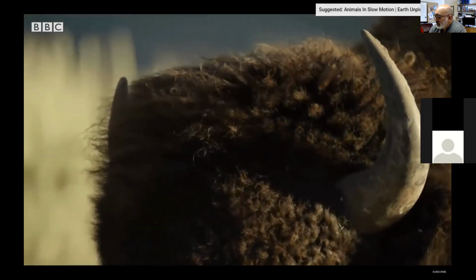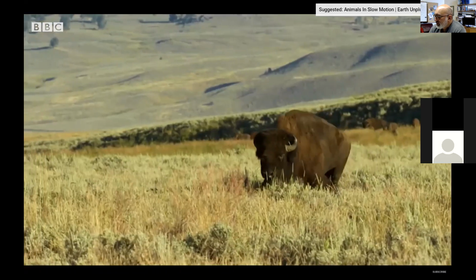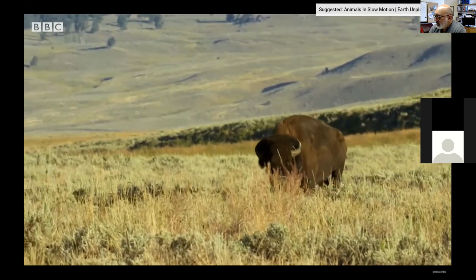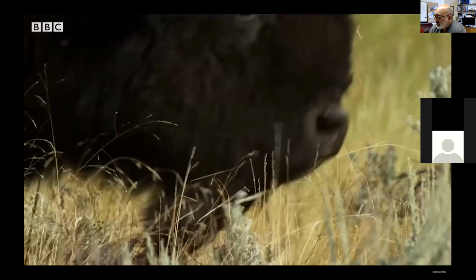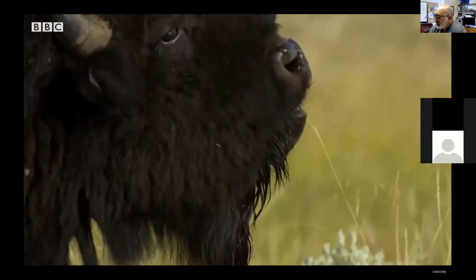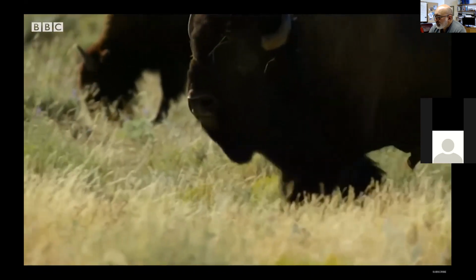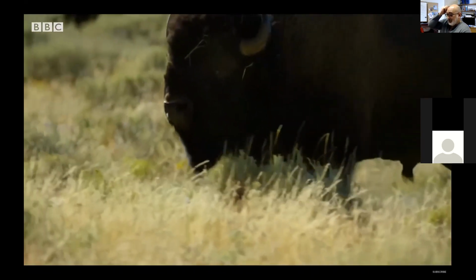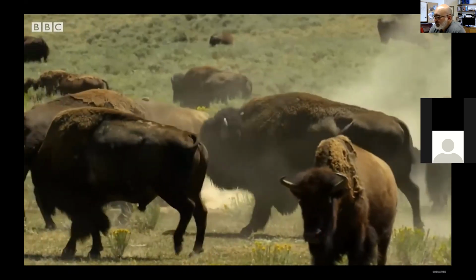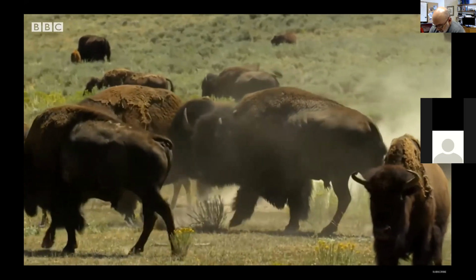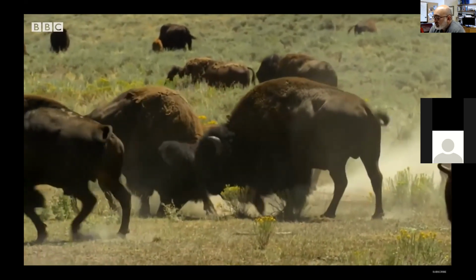Takes a heavy toll on the big bulls. So arriving now could give this young contender an edge. But there's life in the old bull yet.